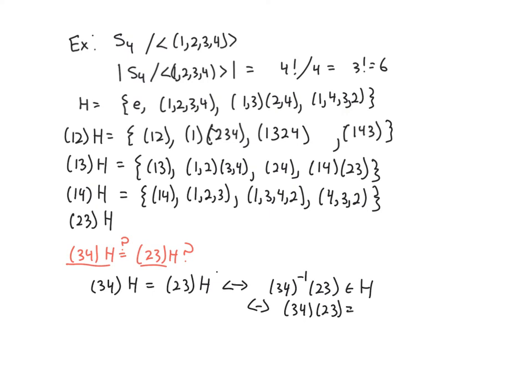Well, 1 goes to 1, 2 goes to 4, 4 goes to 3, 3 goes to 2. Yeah, that's not in H. So these are distinct. So 1 coset, 2 coset, 3 coset, 4 coset, 5 coset, 6 coset.